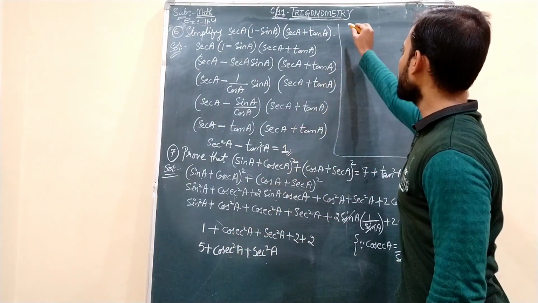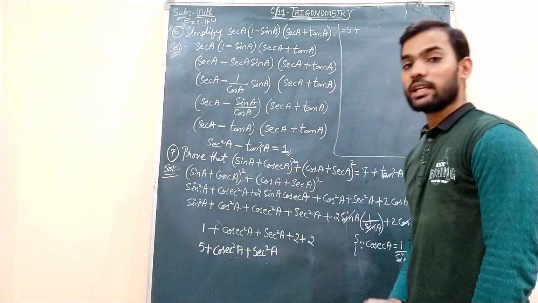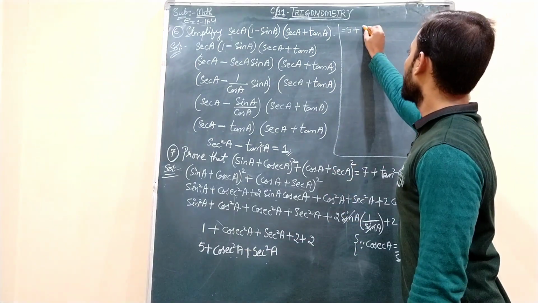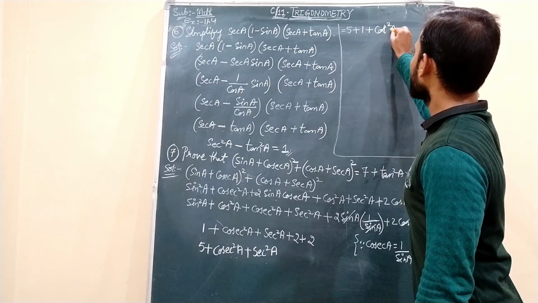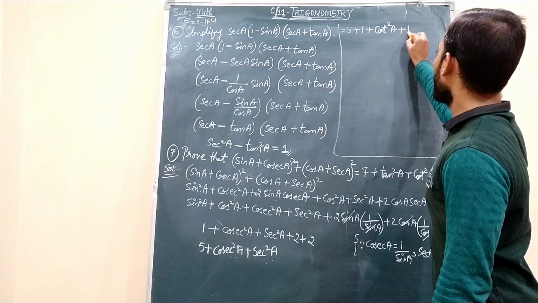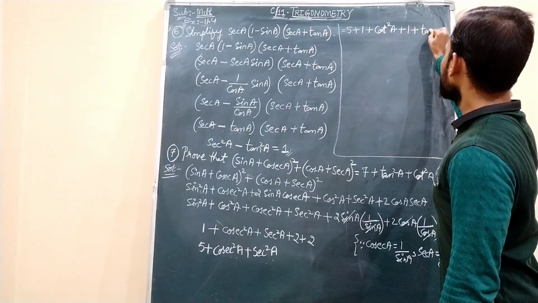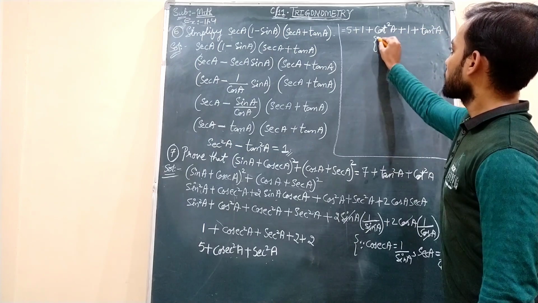This 5 I will keep as it is, plus cosecant square A becomes 1 plus cot square A, plus secant square A becomes 1 plus tan square A. Just beside it you need to write this.